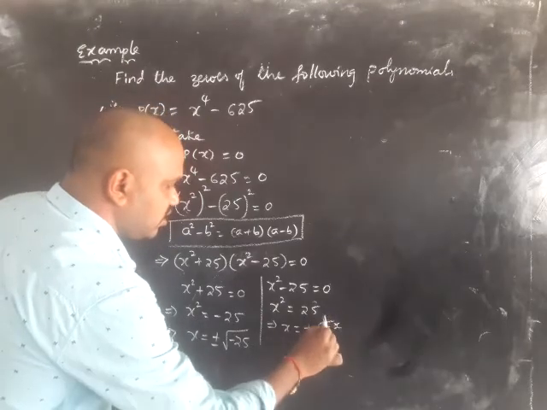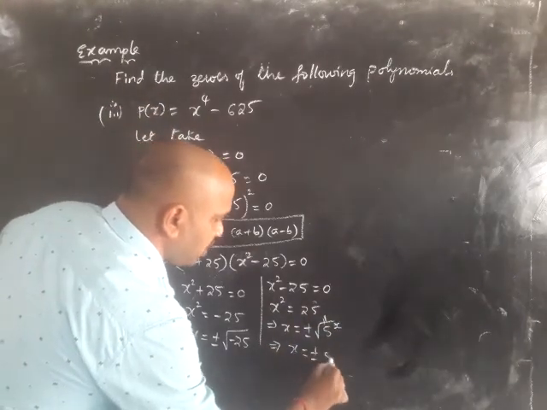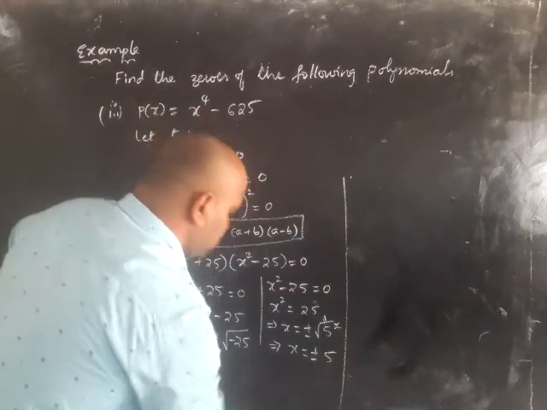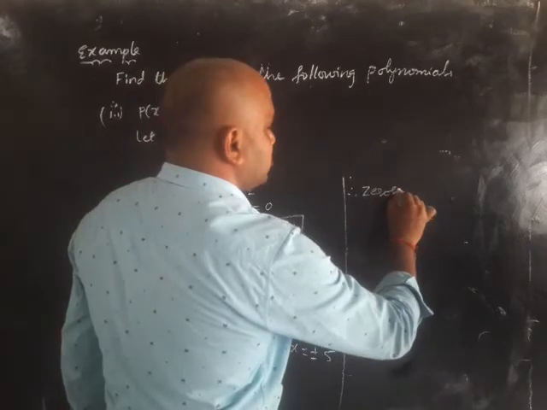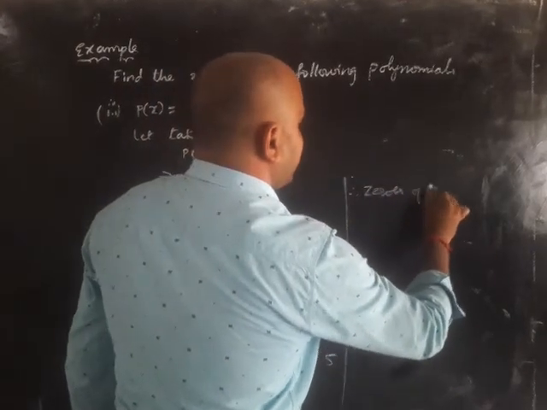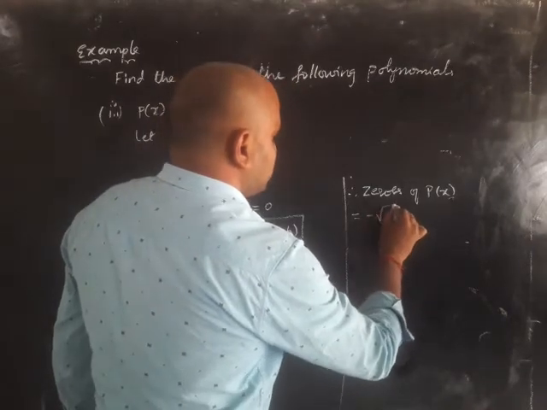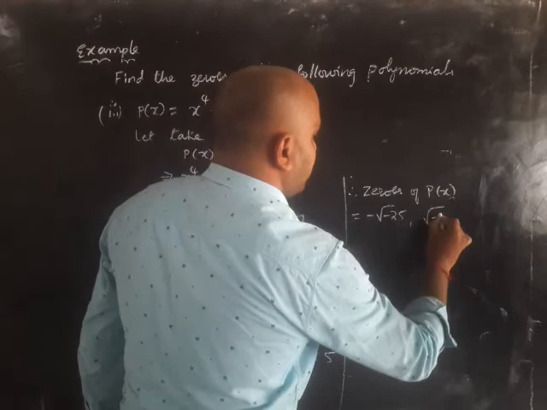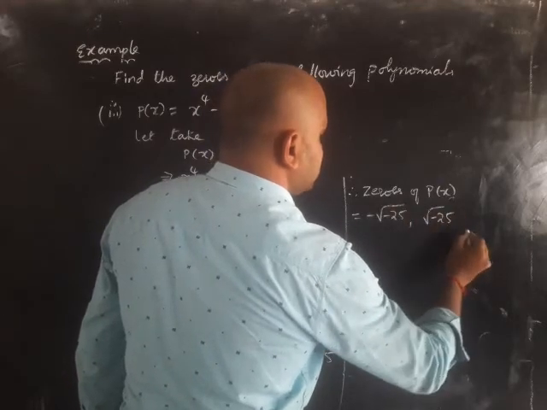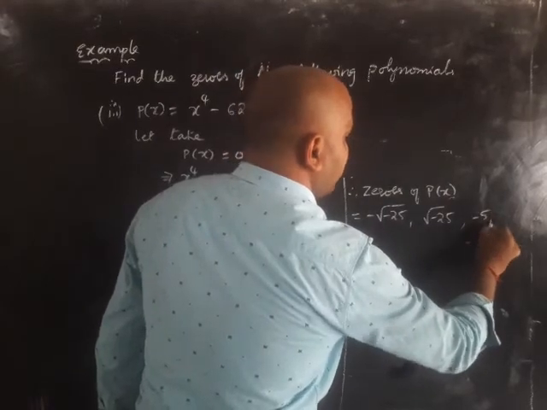The square and square root will cancel, x is equal to plus or minus 5. So therefore the zeros of p of x are minus root of minus 25, root of minus 25, comma, one is minus 5, one is plus 5.